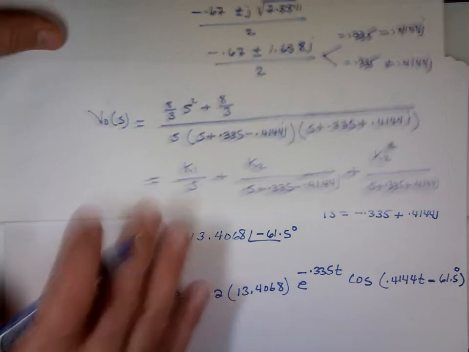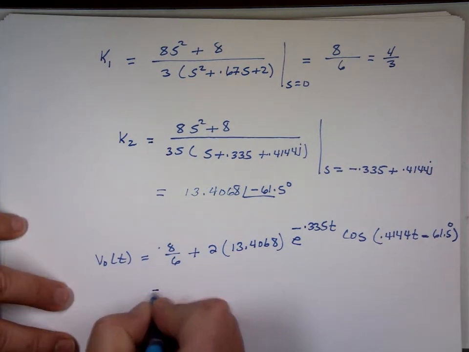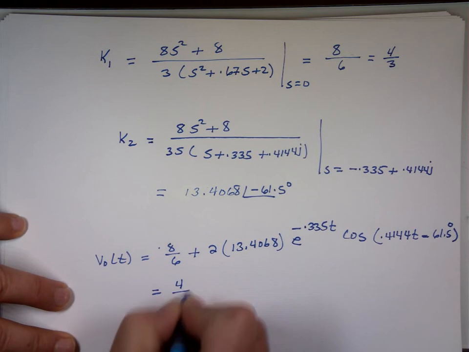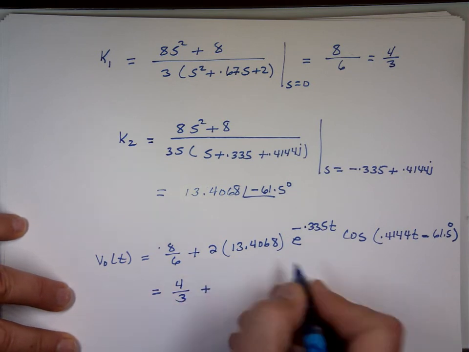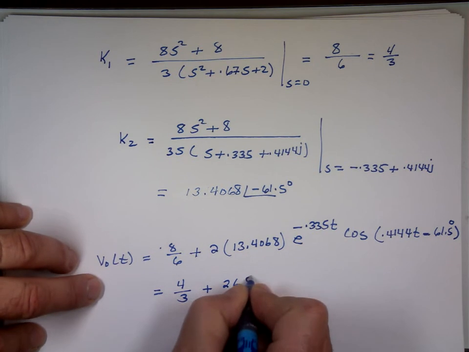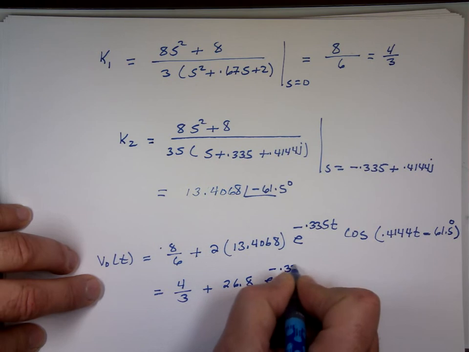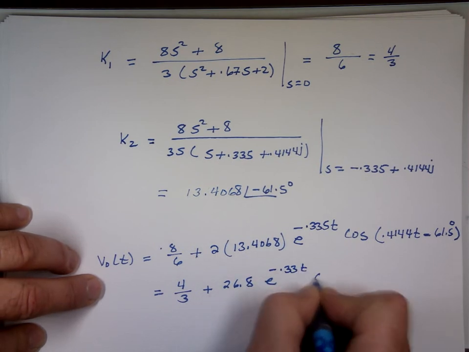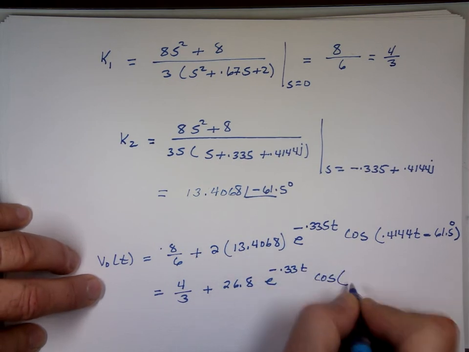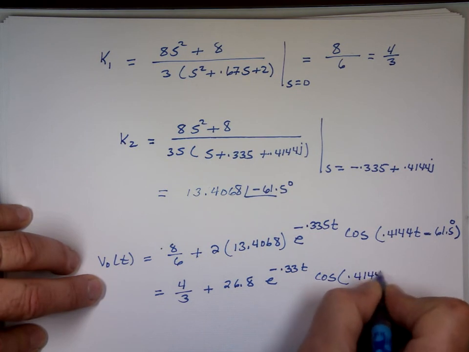Again, it is possible that I made a math error there. I won't say I didn't make one. 4 over 3 plus 2 times 13 is 26.8 roughly. E to the minus 0.33t cosine 0.4144t minus the 61.5 degrees, U sub t.